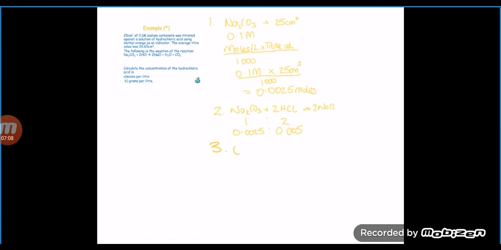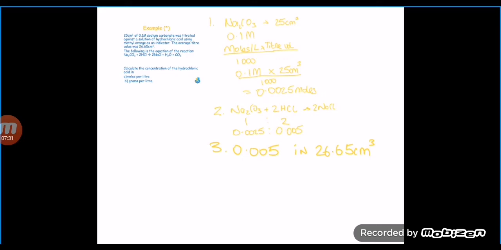So we know that we have 0.005 moles, and that's in 26.65 centimetres cubed, because we're dealing with the HCl. That's my average titration figure from my question.